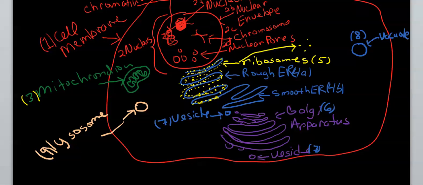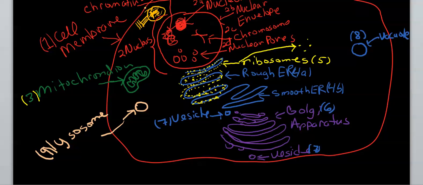Then we have a region that is near the nucleus, a denser region. There's no membrane, it's just a denser region, and inside the centrosome there are also little fibers. Let's draw them out here. Something like this. They're all in an area of this.